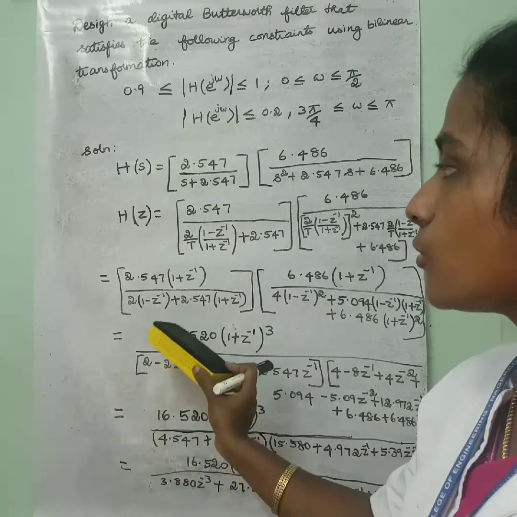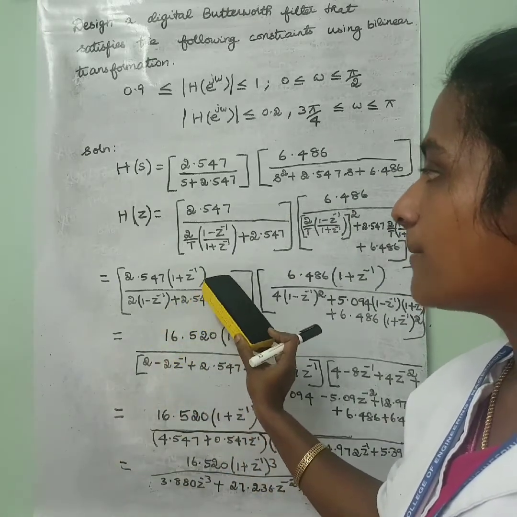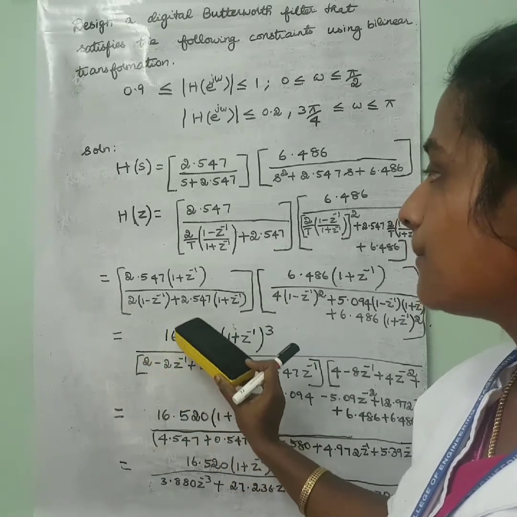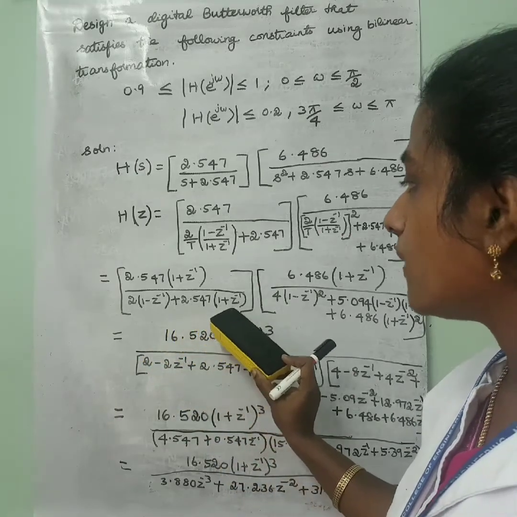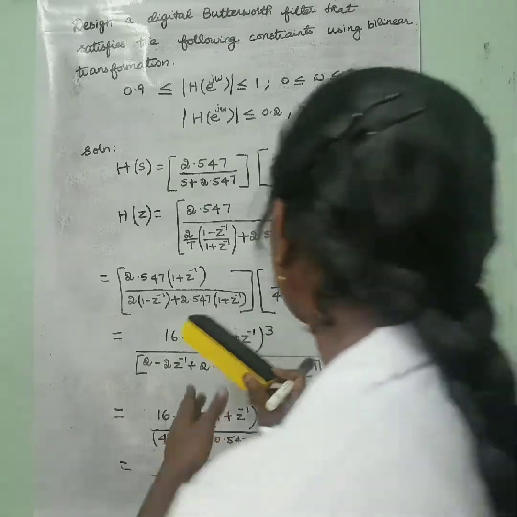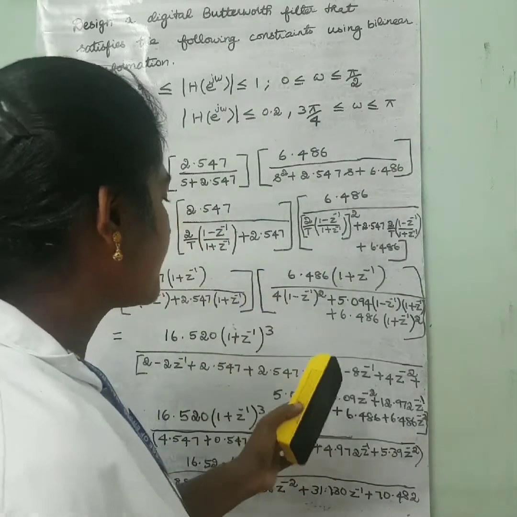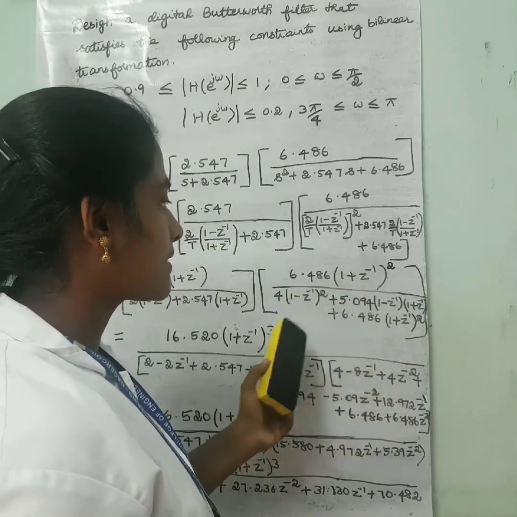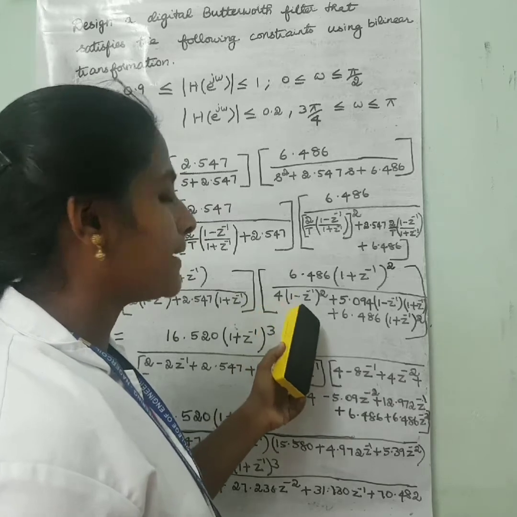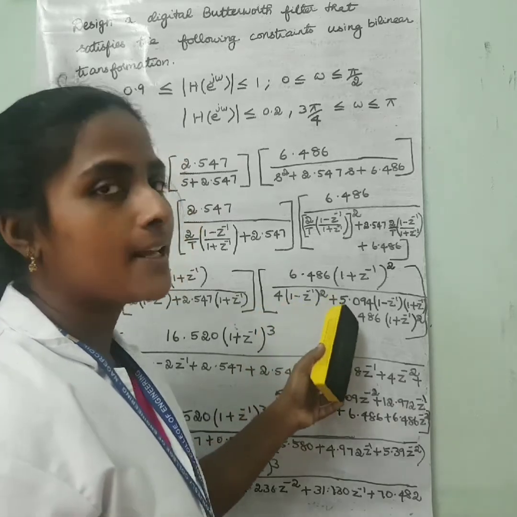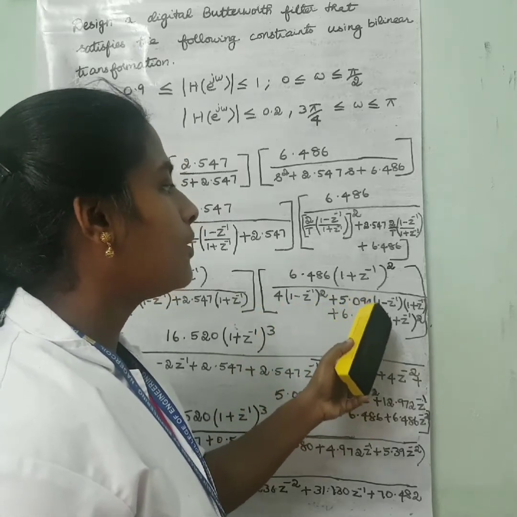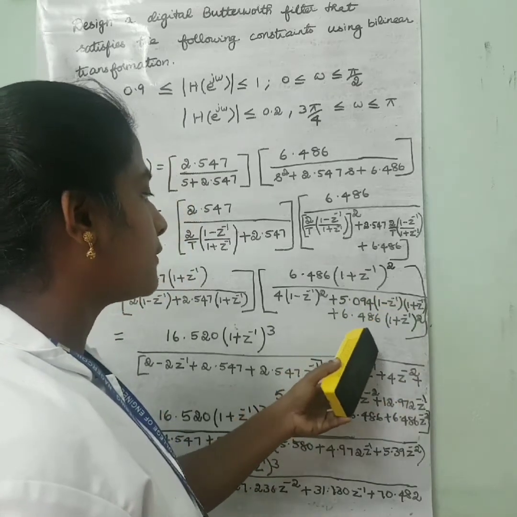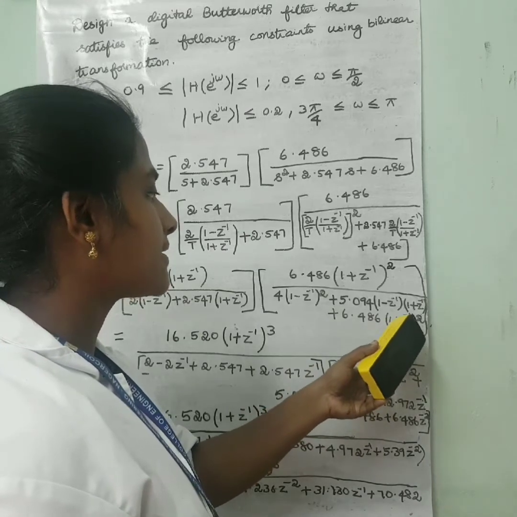So you will get 2.547 into (1 plus z inverse) divided by (2 into (1 minus z inverse) plus 2.547 into (1 plus z inverse)), into the second term, 6.486 into (1 plus z inverse) the whole square divided by (4 into (1 minus z inverse) the whole square plus 5.094 into (1 minus z inverse) into (1 plus z inverse) plus 6.486 into (1 plus z inverse) the whole square).